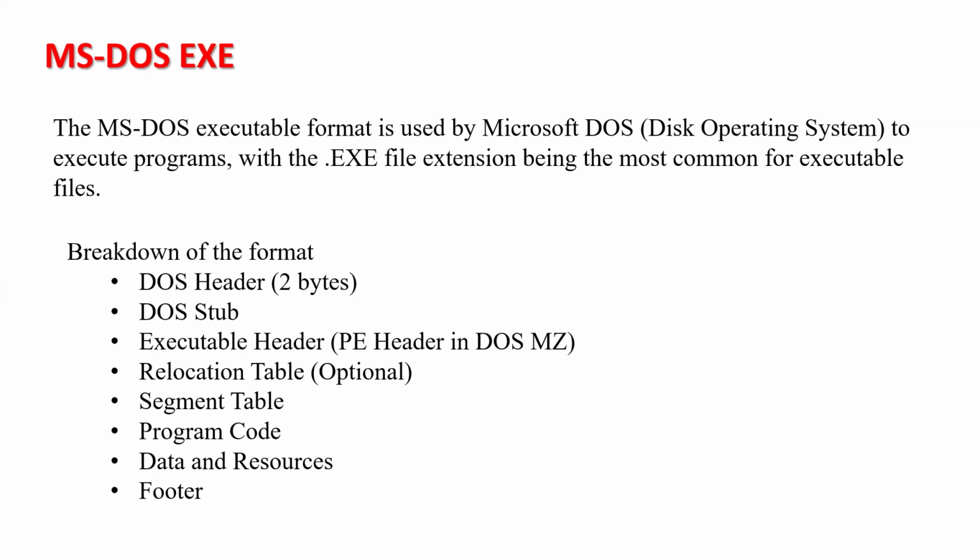These sections are always stored after the code section. And again, the last one, the footer, which is again an optional one. In some cases, an EXE may have a footer or additional data at the end. It could be, for example, a signature or debug information.